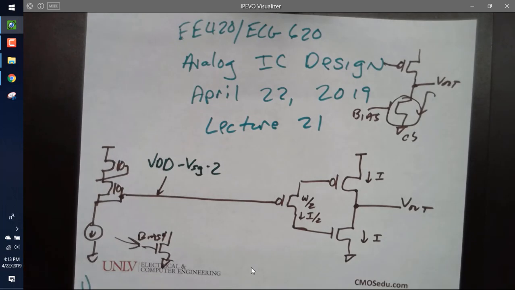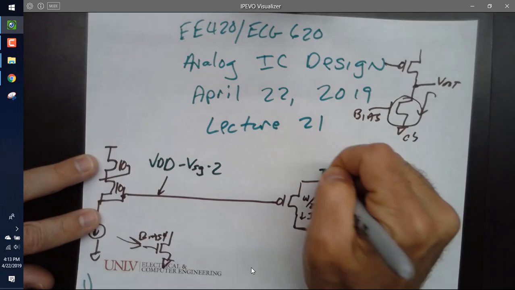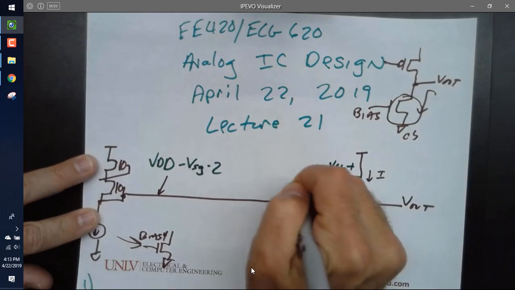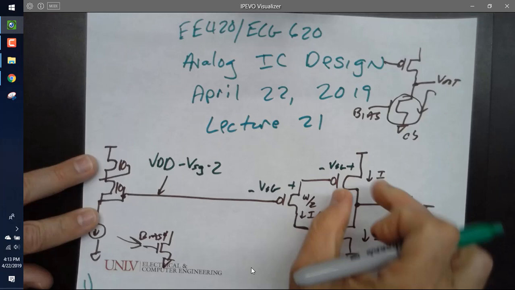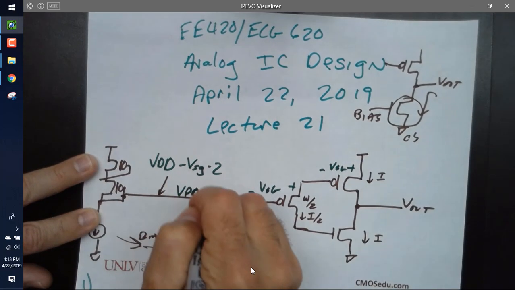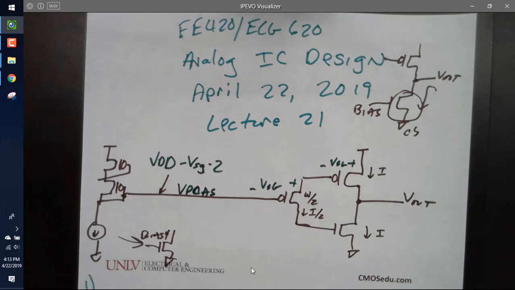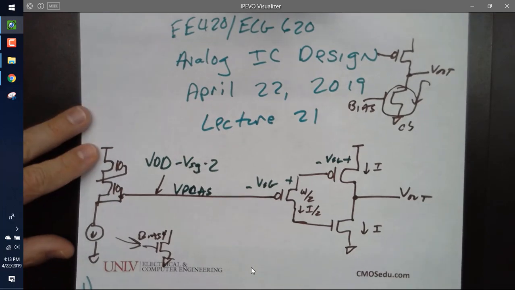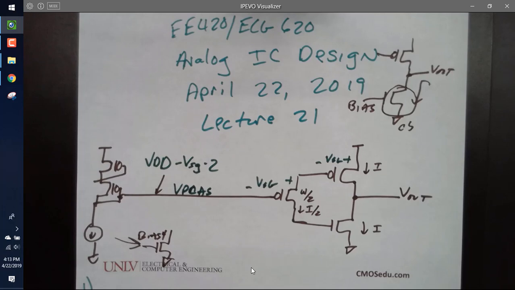Does that challenge anybody at this point? So what do I have here? There's a VSG. There's a VSG. And I have a current mirror that I'm using. I call this VP CAS if you remember the bias circuits. Any questions about that?